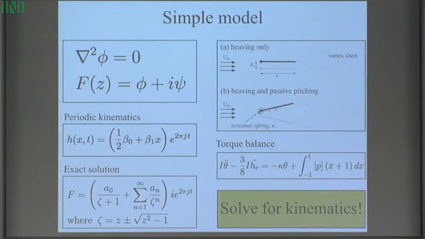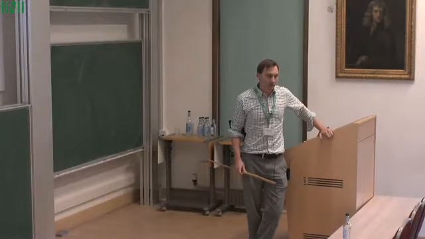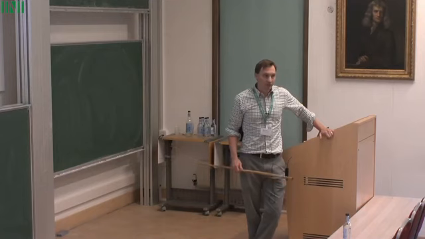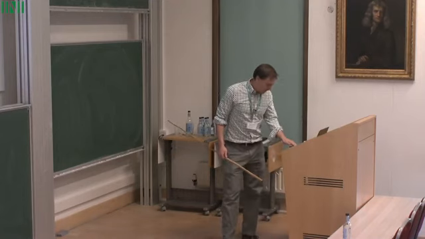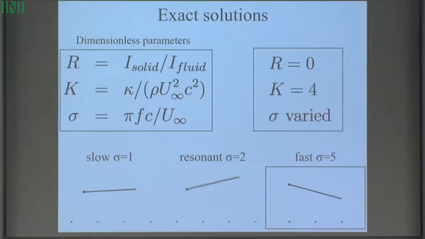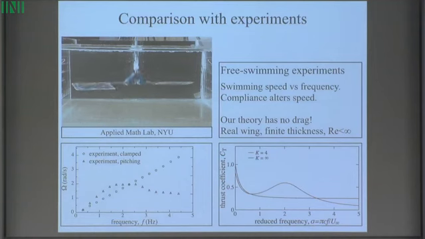When you're doing the experiments at NYU, the U infinity is determined as part of the solution. It's not given a priori. So it seems to suggest that a parameter needs to be determined versus defined. Yeah. When I compared to those experiments, I did leave that as a free parameter.